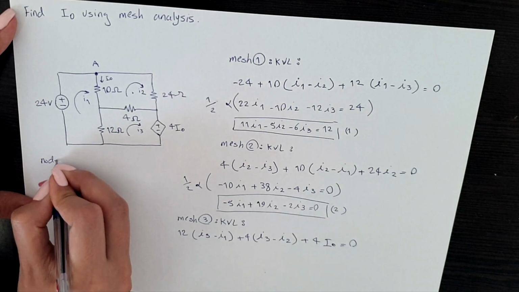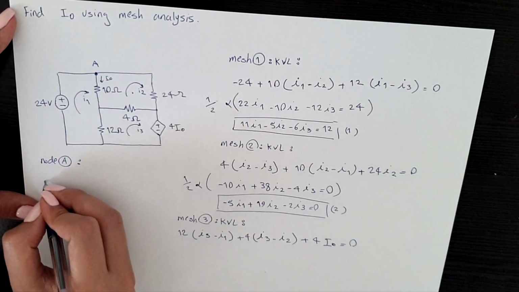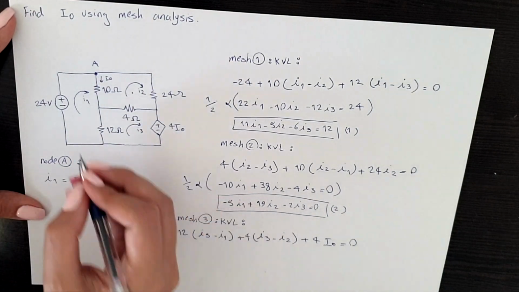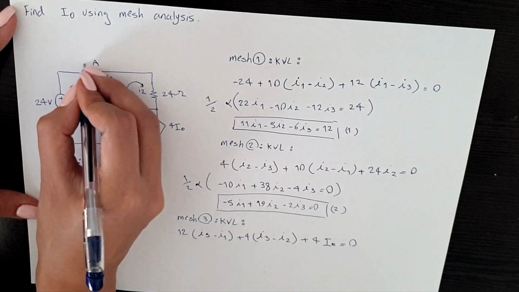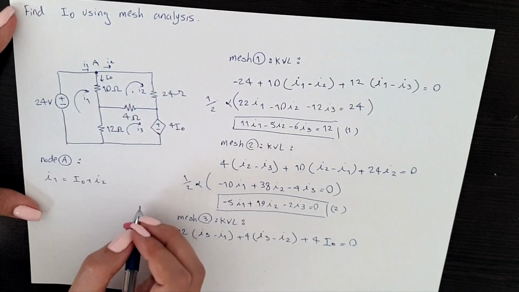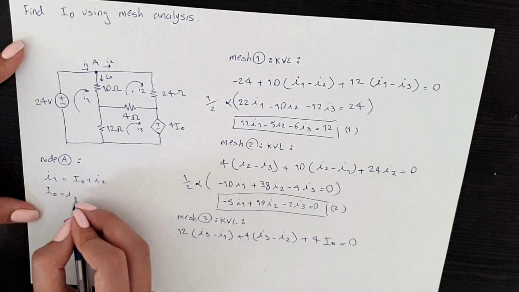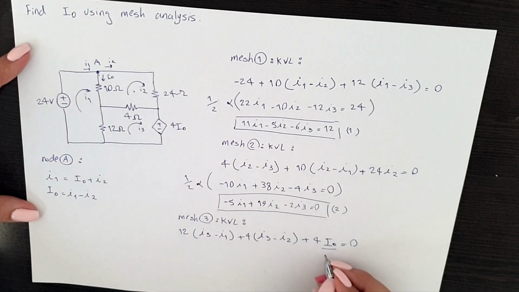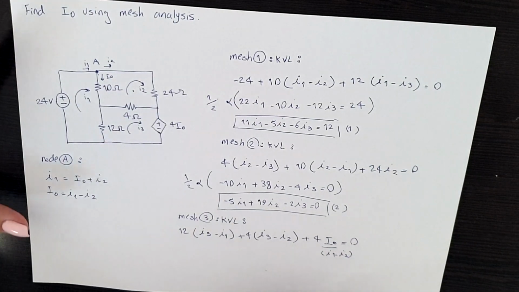At node A, we said the currents going into the node, which is I1, are equal to the currents coming out of this node, which are I0 and I2. This is I1 and this is I2. So coming out, this is coming in. So these are equal to each other. So I0 alone is I1 minus I2. So here, instead of I0, we put I1 minus I2. And we simplify this.